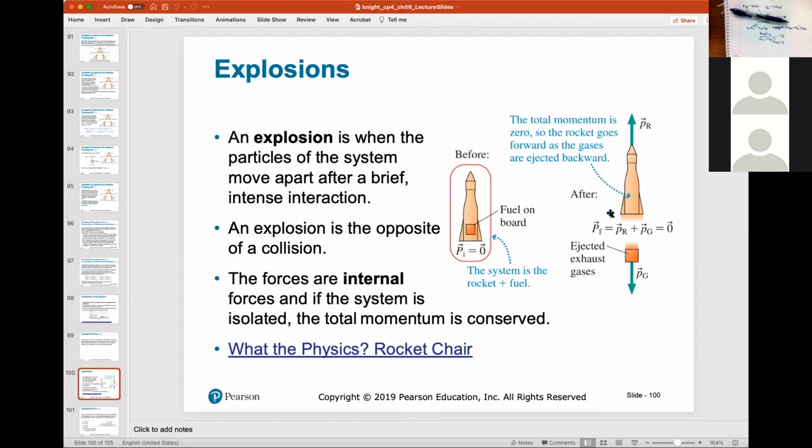So if I try and really push off the cart here, this is my rocket.